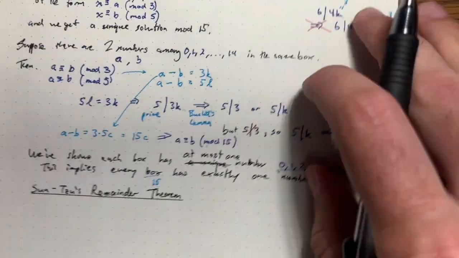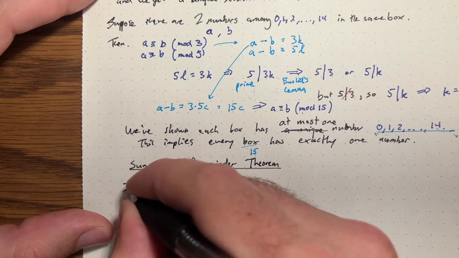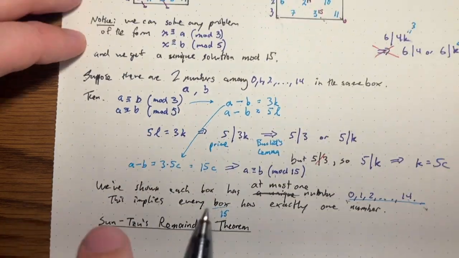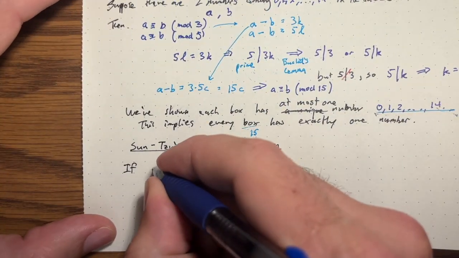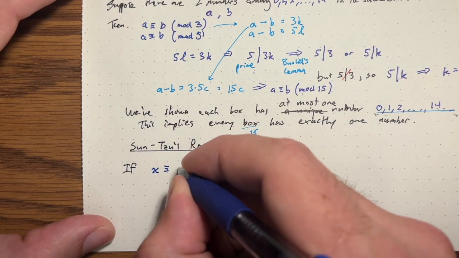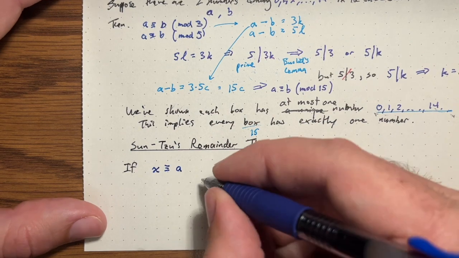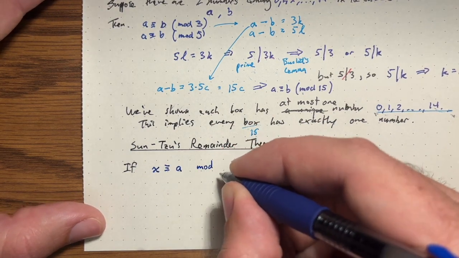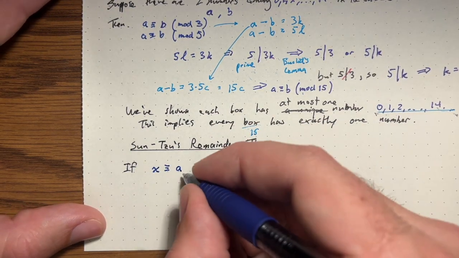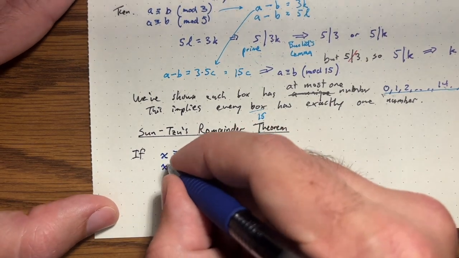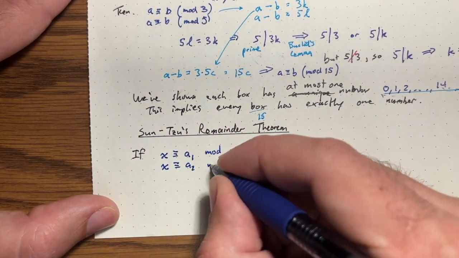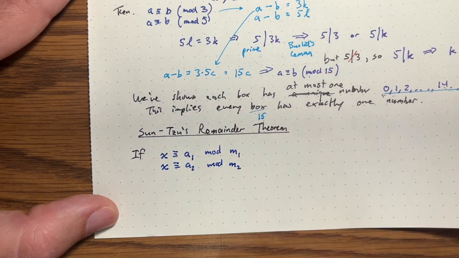Okay, so how is this going to look? If I have a statement of this form, so if x is some number that's congruent to, say, a1 mod m1, and x is congruent to a2 mod m2, well, what's the conclusion?